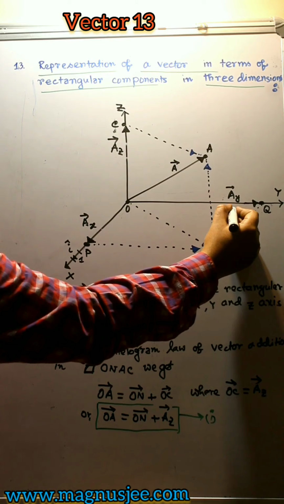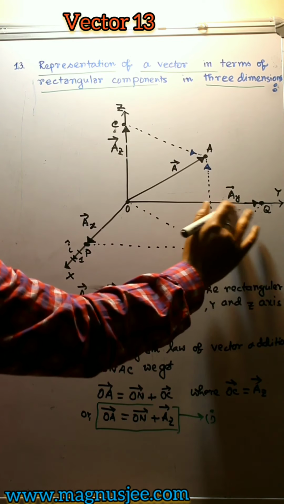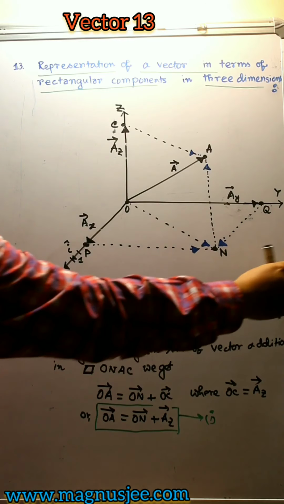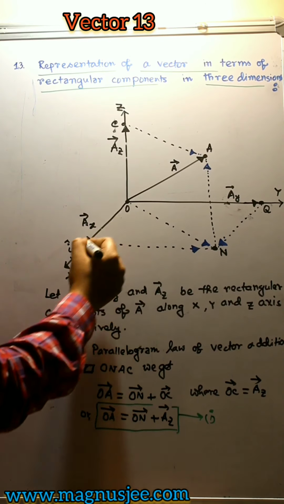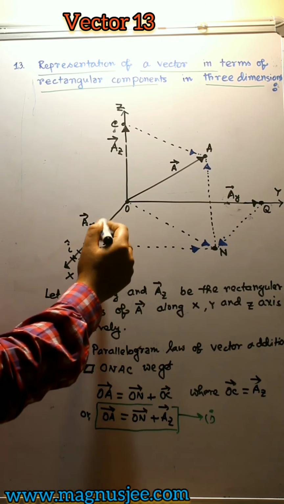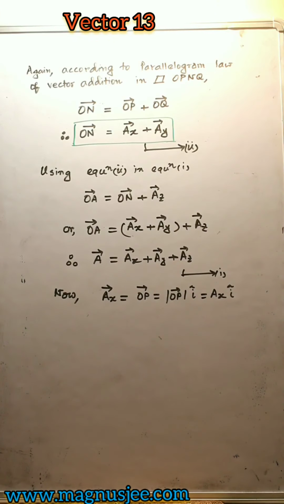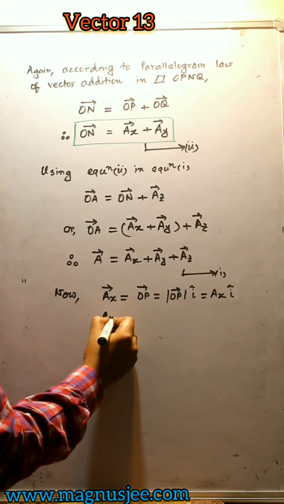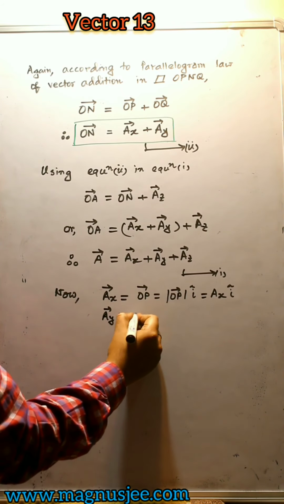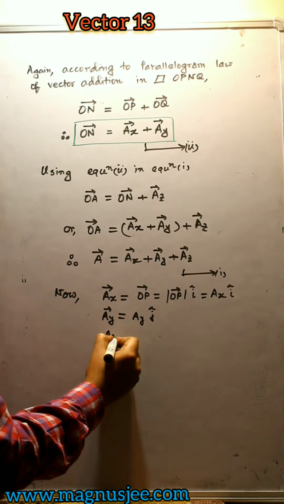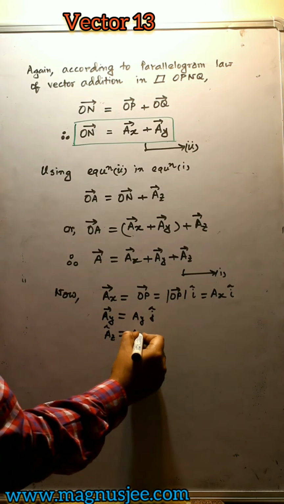The unit vector along the y-axis is j cap, and the unit vector along the z-axis is k cap. Similarly, vector AY equals AY j cap, and vector AZ equals AZ k cap.